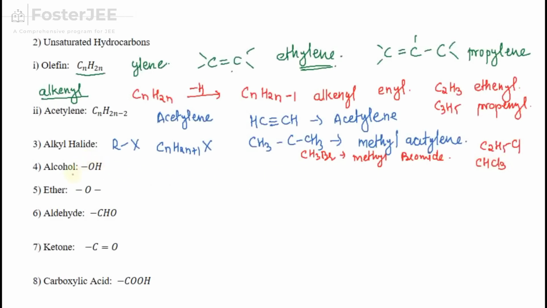Okay, now the next category is alcohol. So, alcohols are the hydroxy derivative of hydrocarbon having functional group OH. These are known as alcohol. So, these compounds are obtained by the replacement of one hydrogen atom by the hydroxyl group.